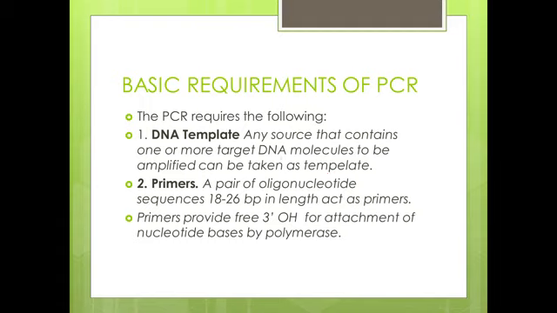So here, as you can see, we use a pair of primers, two primers. These are oligonucleotide sequences. Oligonucleotide sequences means that these are DNA molecules formed of small stretches of nucleotides. Say for example, here the number of nucleobase pairs in the primer is 18 to 26.